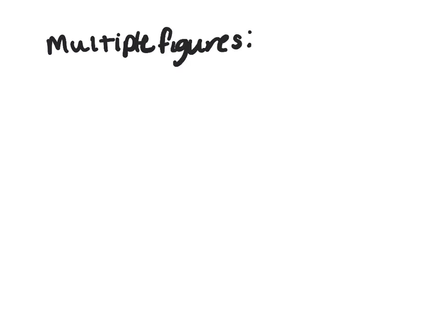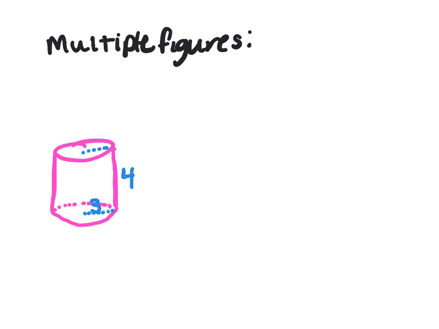Now the other option is you could design something with multiple figures combined into one. So let's say that we had a cylinder, and I decided that I wanted this to have a radius of 3 and a height of 4.